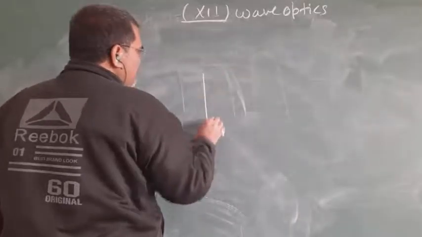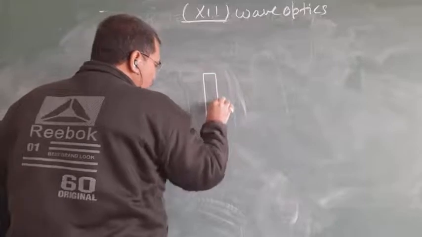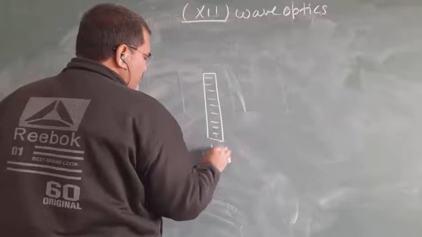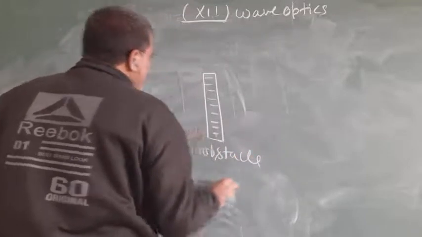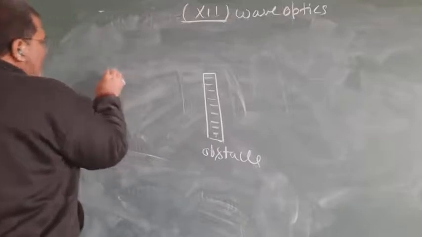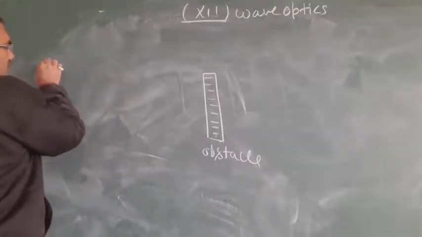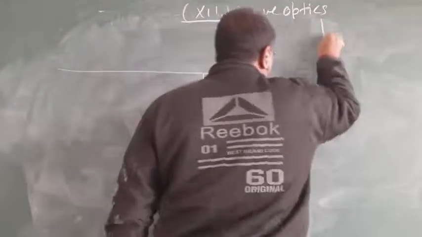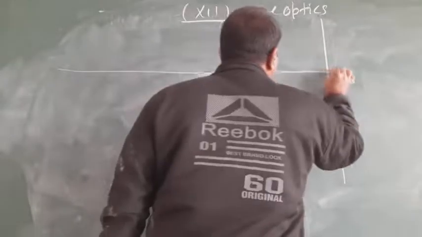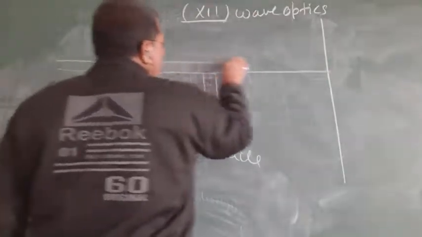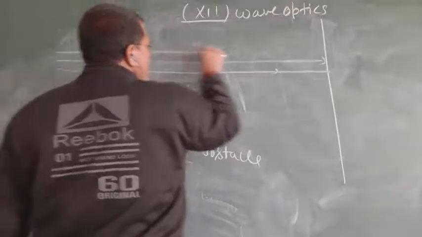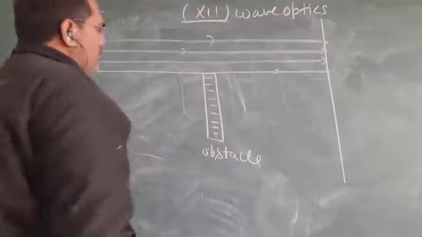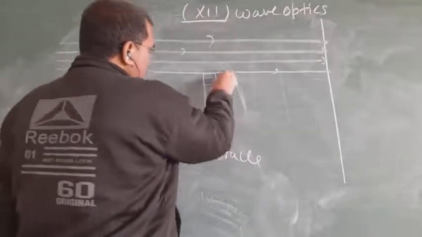Consider this is an obstacle and light is coming from this side like that, and this is called the screen. So this is the shadow region.